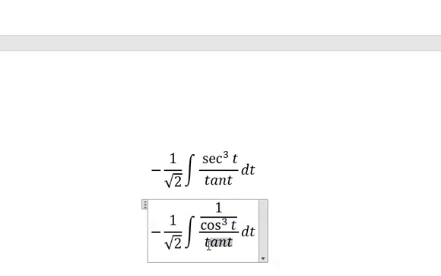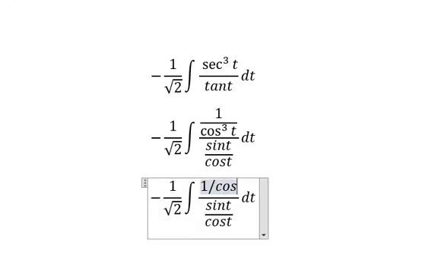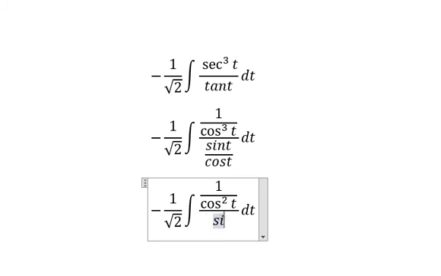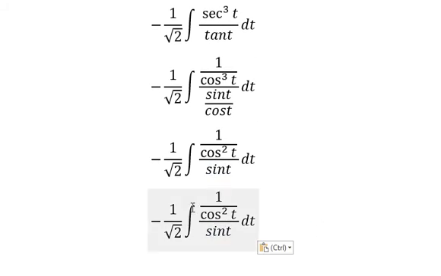This one is sine t over cosine t. We simplify cosine t on numerator and denominator, and we can put this one to the denominator.